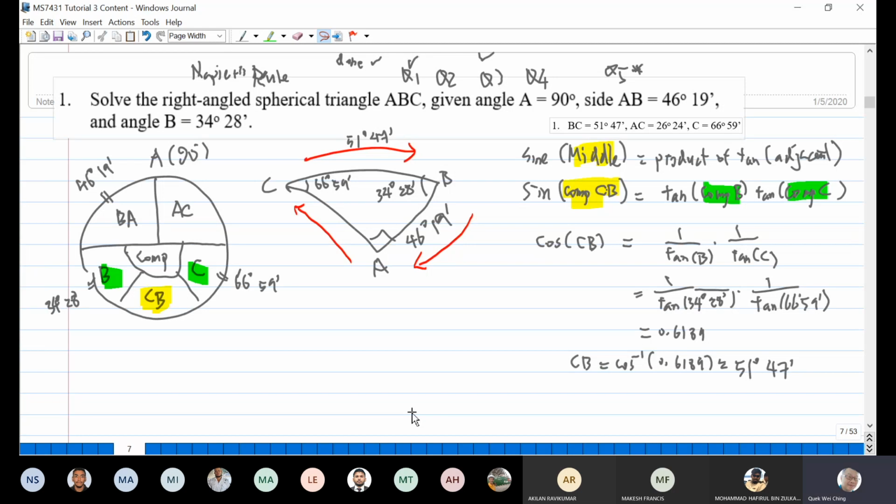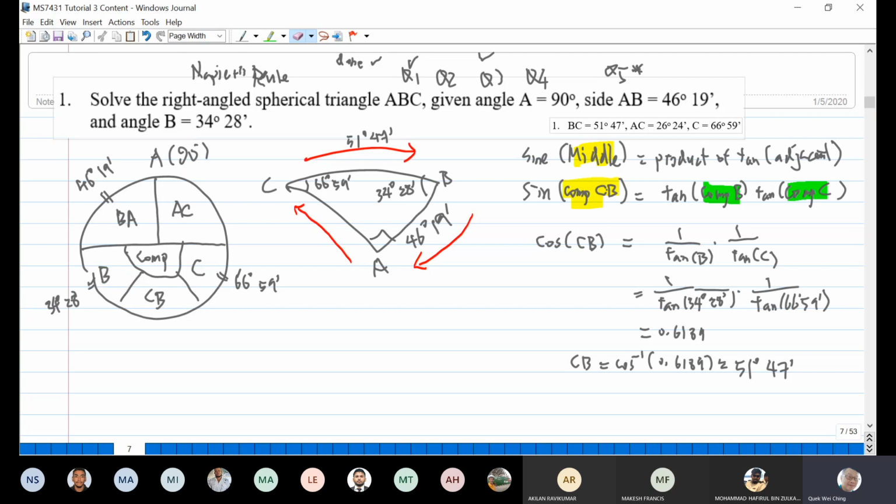So let me find AC now. So AC is the one that's yellow now. So I'm going to erase this yellow part now, until the pen actually rolls only.